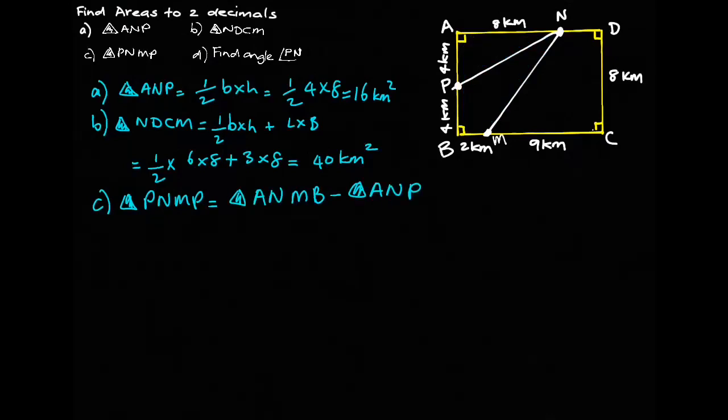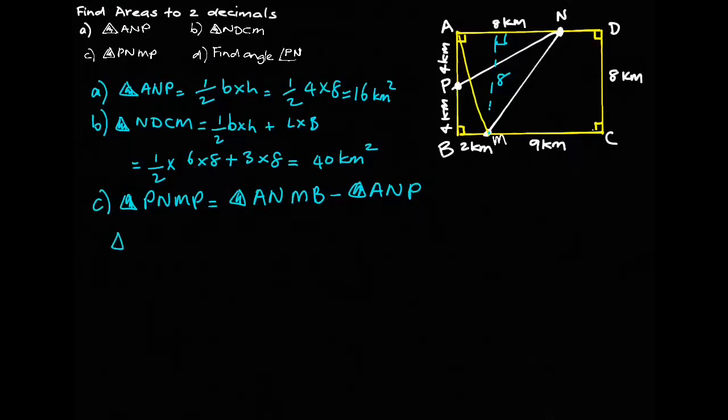So let's go ahead and work out area ANMB. If we think carefully about how to break this area up, we can have a straight line coming through A to M, and that leaves us with a right angle triangle, and we know this perpendicular height here, and we've got the base, so we can work out the area of those two triangles.